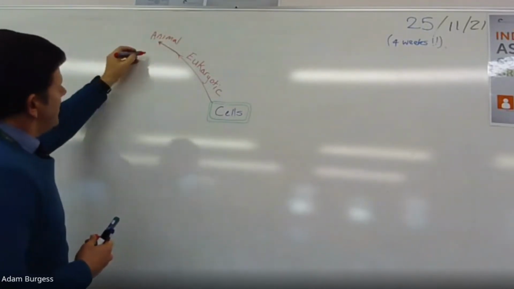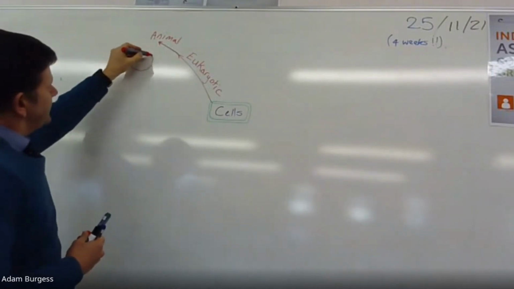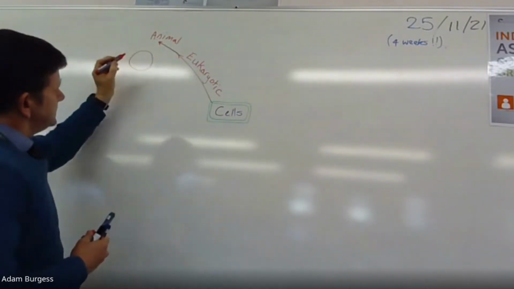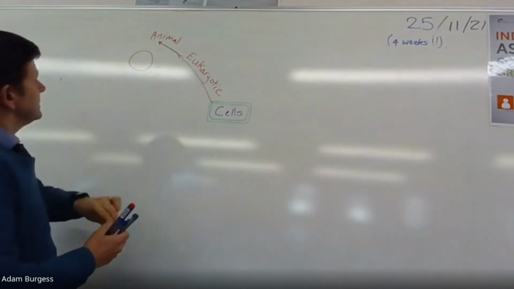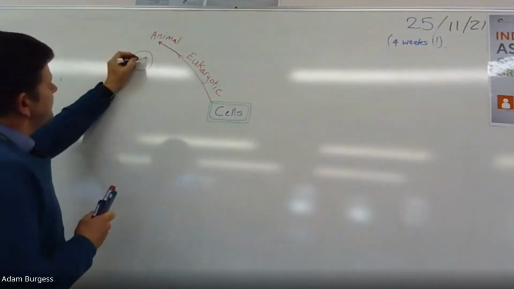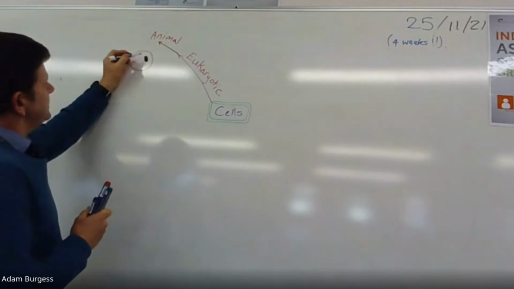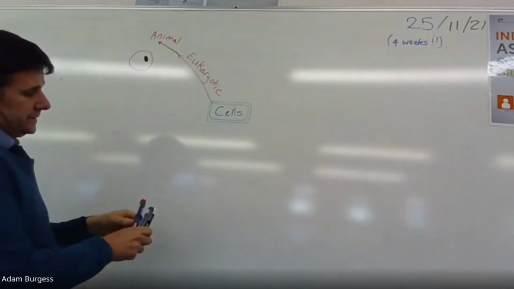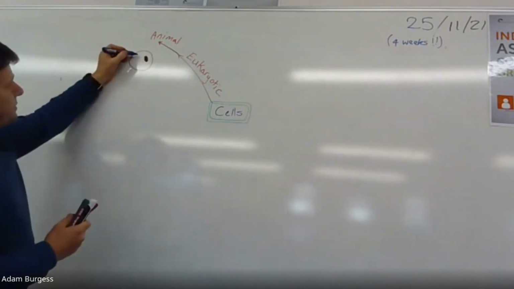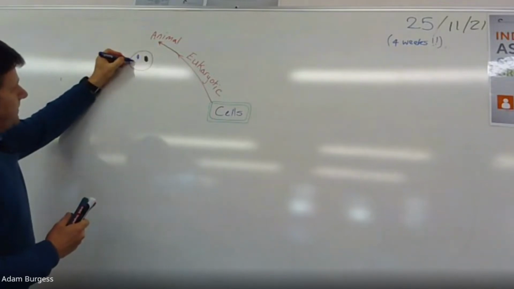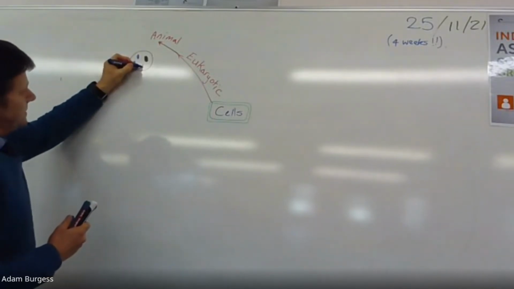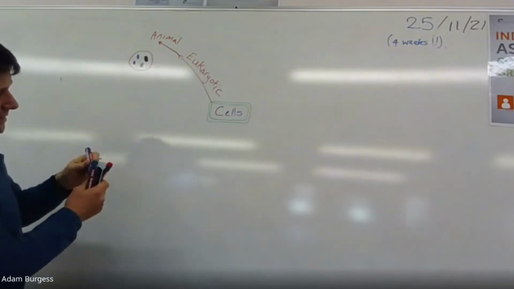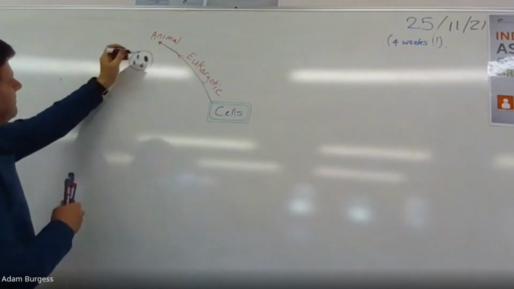Now, so animal cell, here we go. I'm just going to draw a very simple animal cell with the particular parts in it that you might find. In fact, I think I'm going to make that bit bigger.